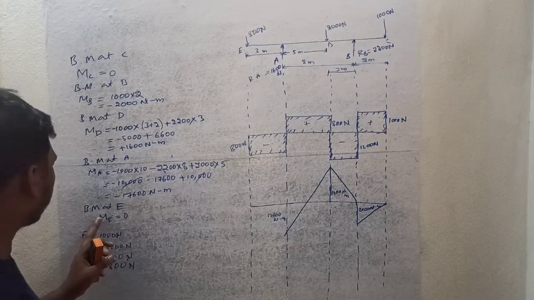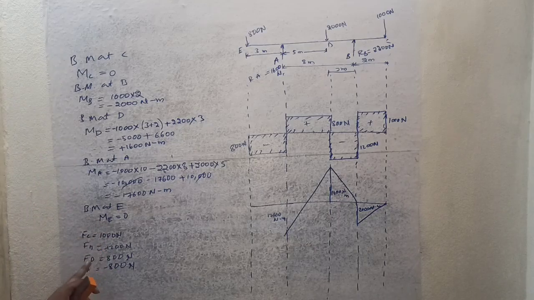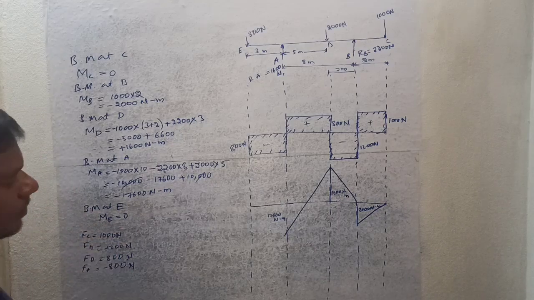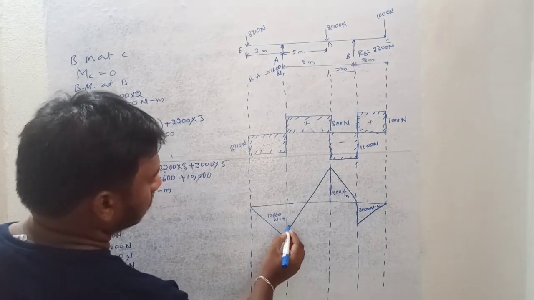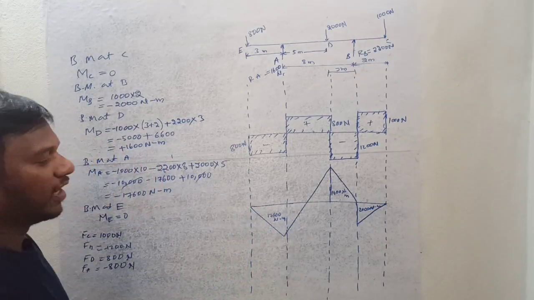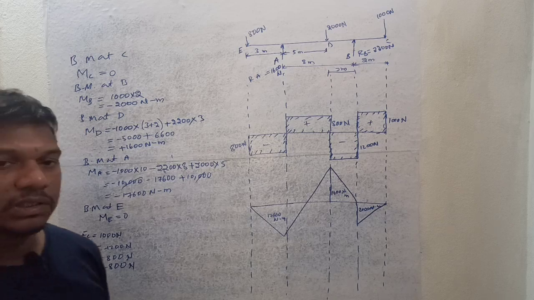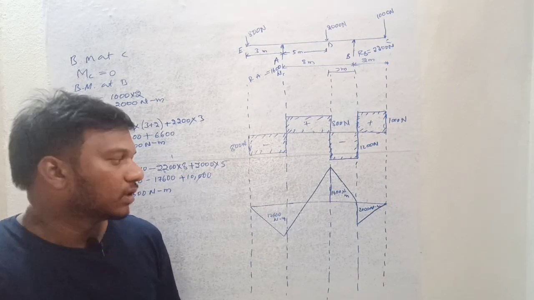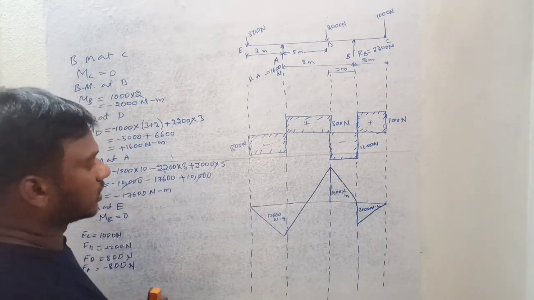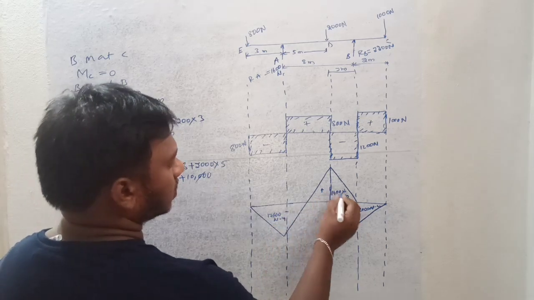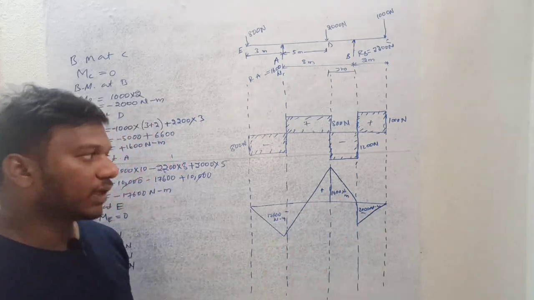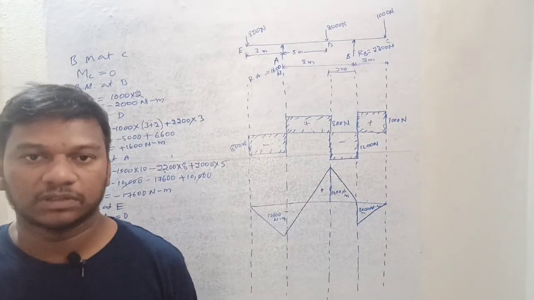And what is the bending moment at E? It is 0. This is the bending moment diagram for this given beam. This is negative, positive. Like this you have to draw the bending moment diagrams. Thank you.